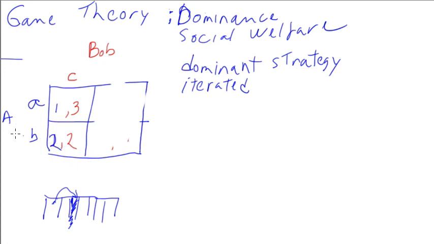So strategy B now dominates A. So A can say, okay, that dominates that, so goodbye. And so the solution via iterated dominance is 2 or B, C, right? So that's iterated dominance.